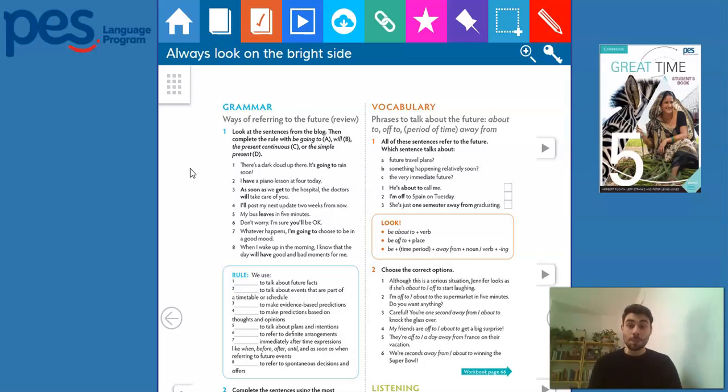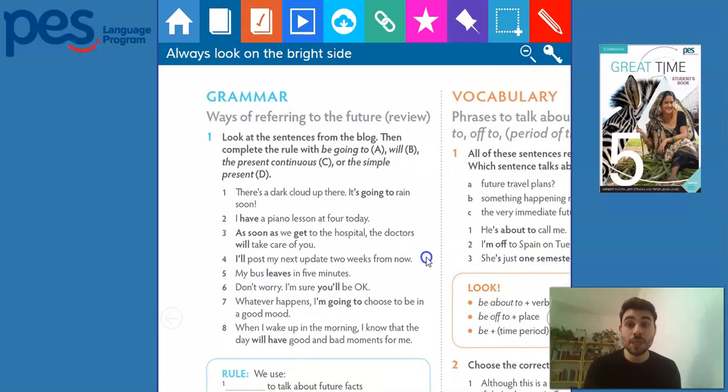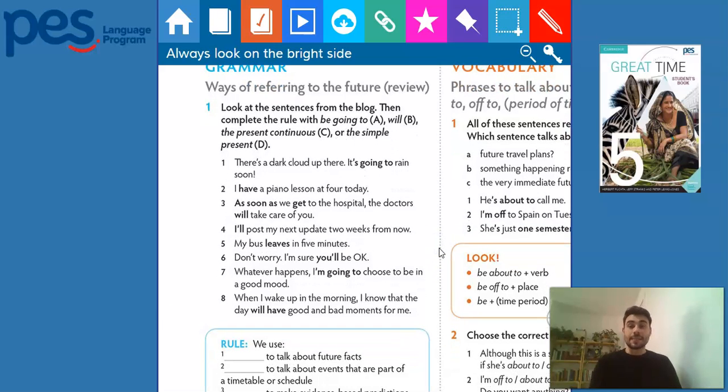Okay? So, for us to start reviewing and refreshing our minds on this topic, let's take a look at this first exercise over here on page 68. So let's take a closer look. So what does the first exercise ask you to do? It says, look at the sentences from the blog.